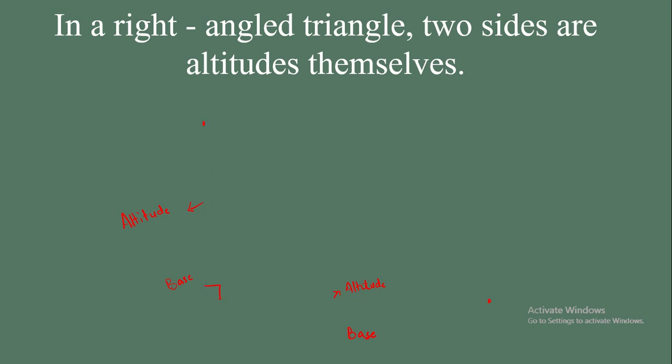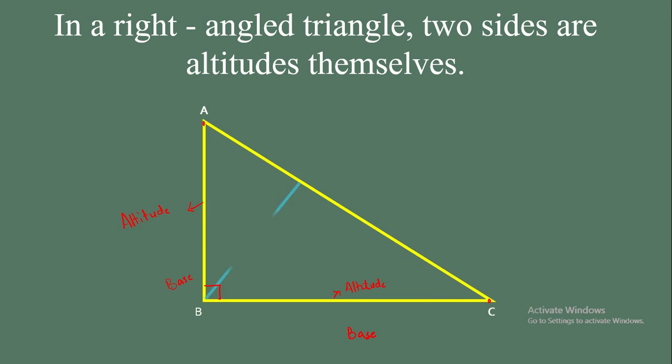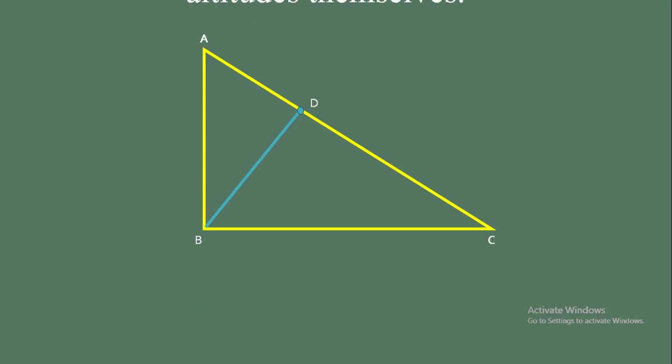Then another altitude can be drawn easily from the vertex of the right angle, that means from vertex B, to the opposite side, just like here, BD. So we saw that an altitude can lie inside a triangle, it can lie outside a triangle, and in a right angled triangle, two sides of the triangle are altitudes.